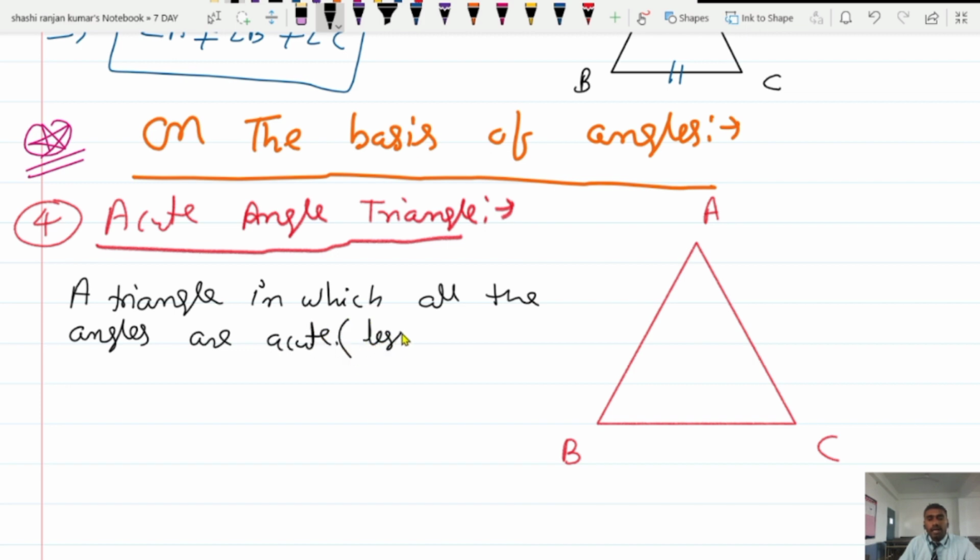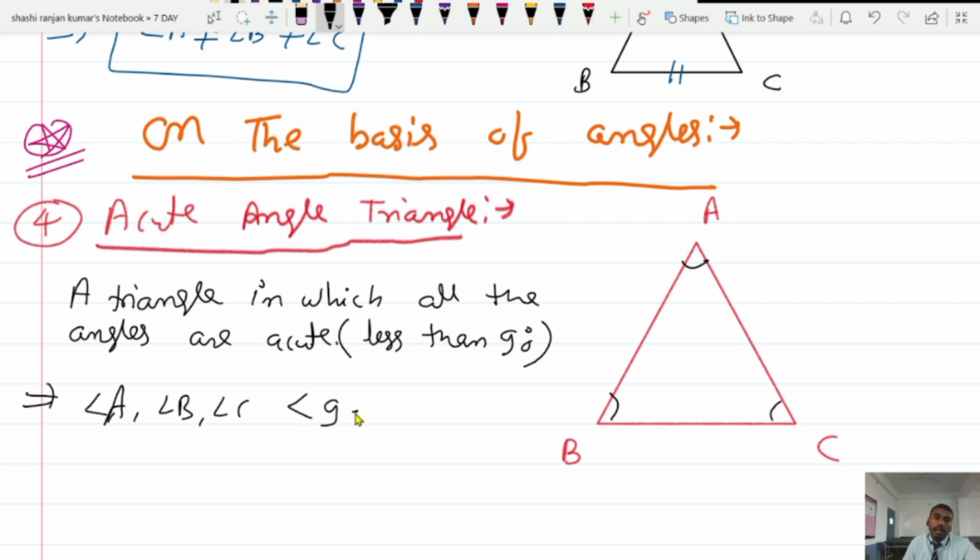That is less than 90 degrees, right? Acute means less than 90 degrees. So here angle A, angle B, and angle C all are less than 90 degrees. So this is known as the acute angle triangle.